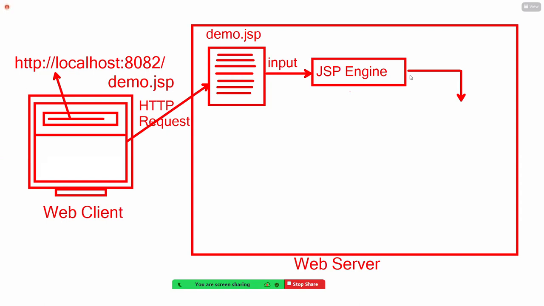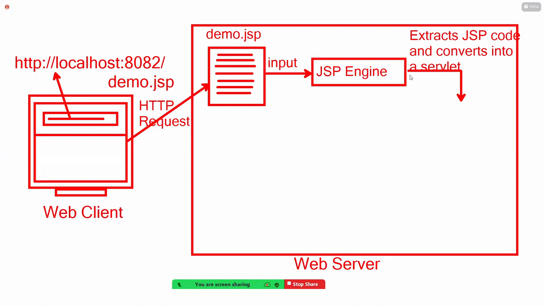The JSP engine can understand only JSP. So what it does is extract the JSP code and convert it into a servlet. In that JSP program you can write JSP code and HTML code, you can combine, but the JSP engine extracts the JSP code and converts it into a servlet.